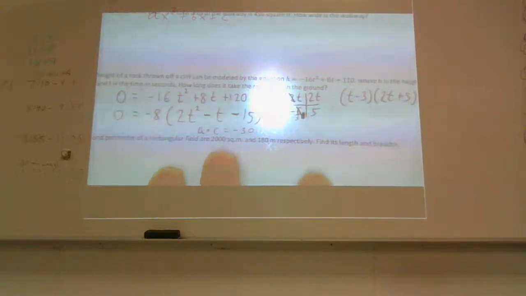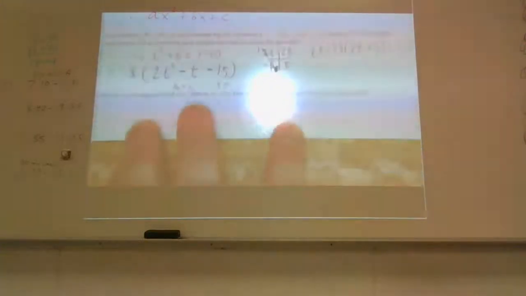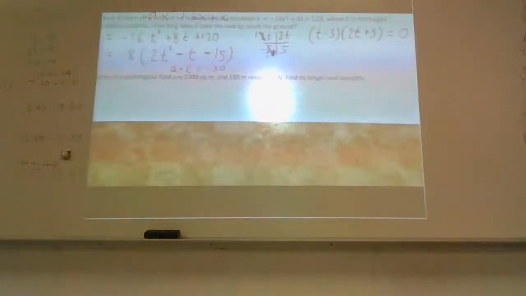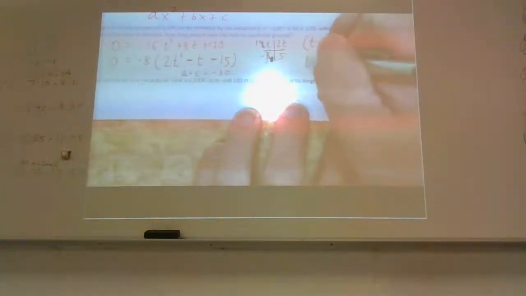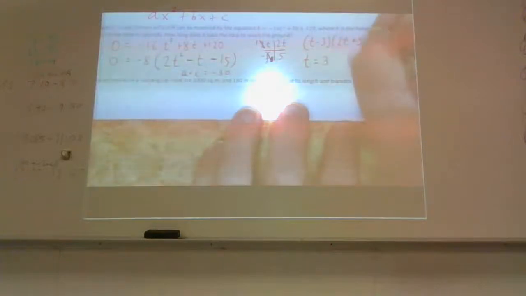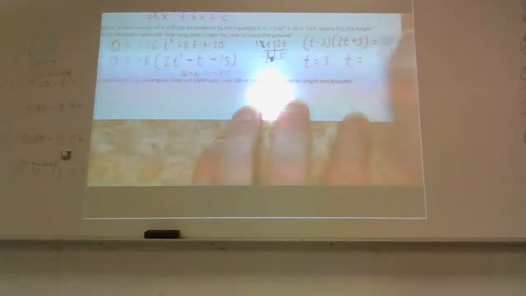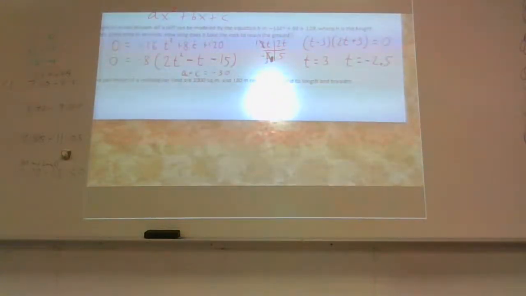We'll move that over just a tad. There we go. Zooming out. Now, here's the key to understanding this. You could solve for t, and you end up with 2 answers. You end up with an answer of +3 and -2.5. You set them each equal to 0 and solve.